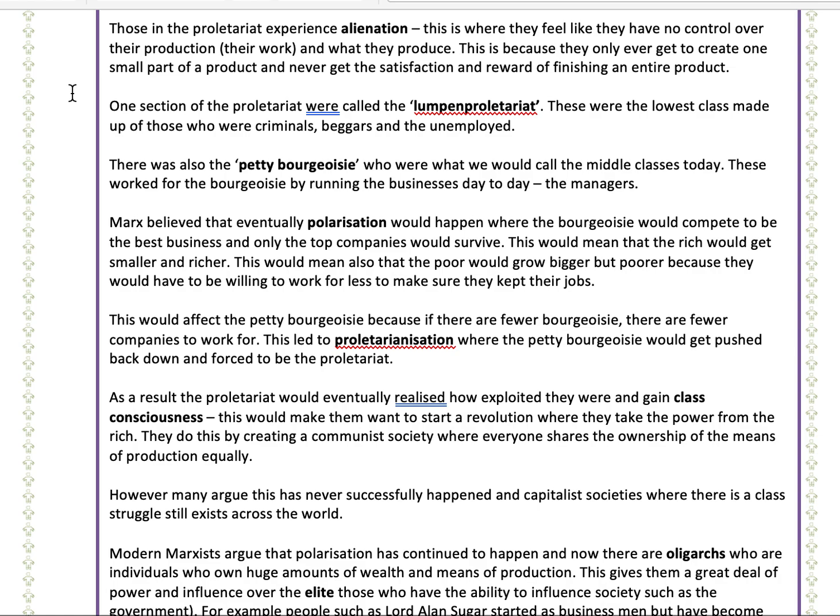If suddenly there was a massive division in terms of how rich some people were and how poor others were, that would result in the proletariat gaining a class consciousness. Once they gained that class consciousness, they could advocate a communist revolution, and that would result in the means of production being owned communally. So everybody would own the factories, everybody would work in the factories, and they would equally share the profit.